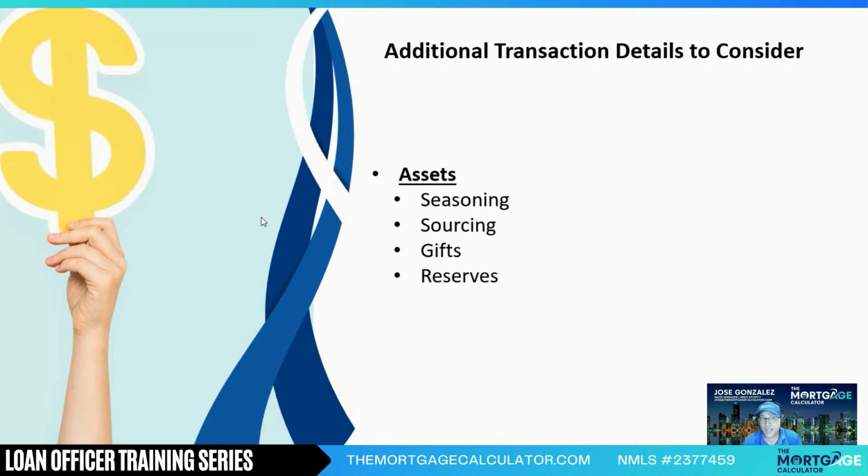So again, you saw here what we've done is establish a thought process: why guidelines are important, how guidelines can differ, and what the different categories of the loan are that you can look at in the guidelines to get the guidance you need to properly structure your loan.